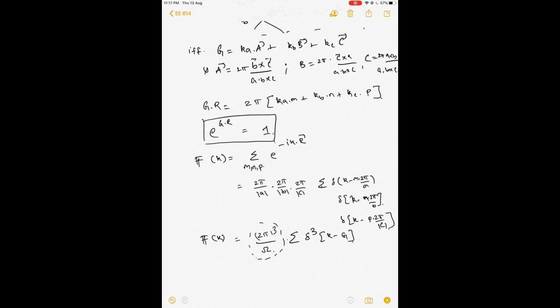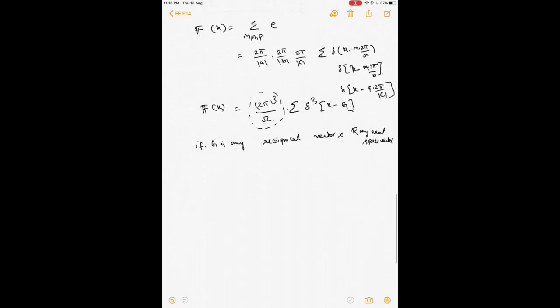So the reciprocal vector and the real vector share this particular relationship such that if G is any reciprocal vector, and R any real space vector, then e power I G dot R is 1.